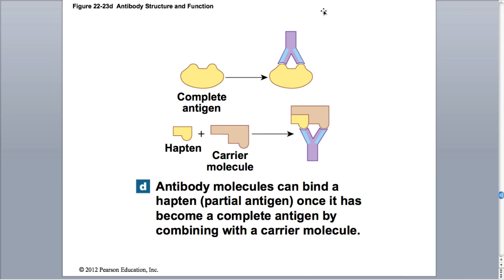You could have an antibody responding to both portions of the antigen, and in this case it is attaching to a carrier molecule, but it's also attacking the hapten. That's where you have problems, because if a carrier molecule looks very similar to an antigen because it has a similar piece, then your body is going to respond to it. Okay, next slide.